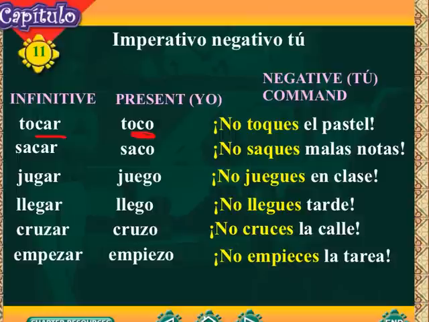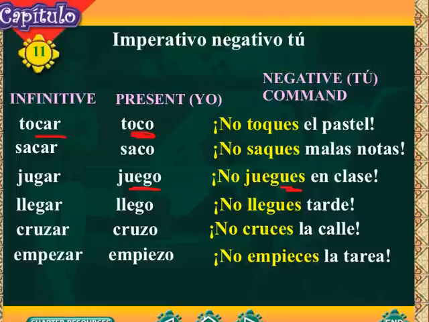Jugar, you need to remember that it does stem change in the yo form. The yo form is juego, but it's a GAR verb, so it's going to be no juegues, Class A. So you need to remember that GARs go to gu, and then you add -es because it's an AR verb.